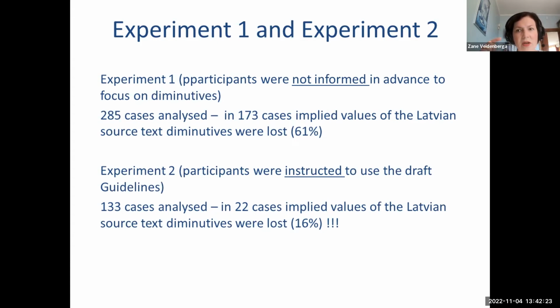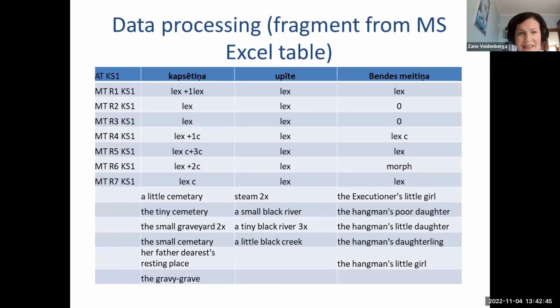So quite a lot of information was lost in the translations. In the second experiment, only 16% of the diminutive cases that were used in the source text were lost. So the results are quite different, I would like to say.